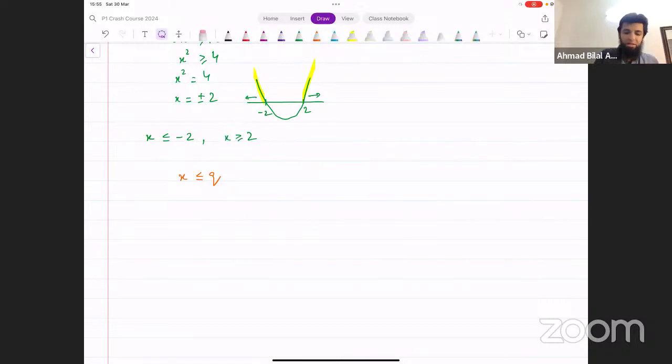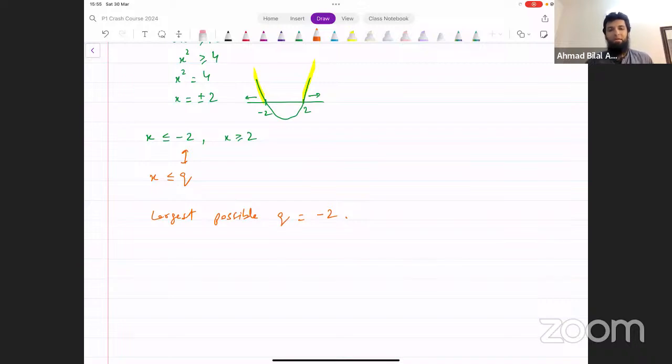They're using the less than or equal to one. Let's compare the two. What do we get? The largest possible value of q can be -2. That's the value that we were looking for. That's the largest possible value of q in this case. Make sense?